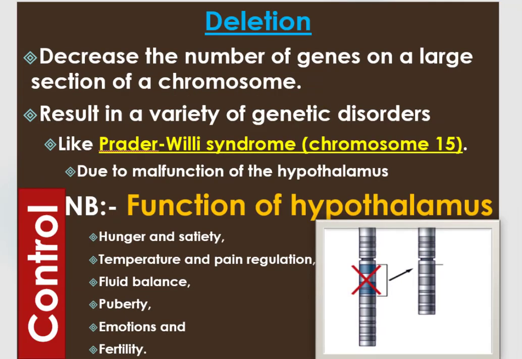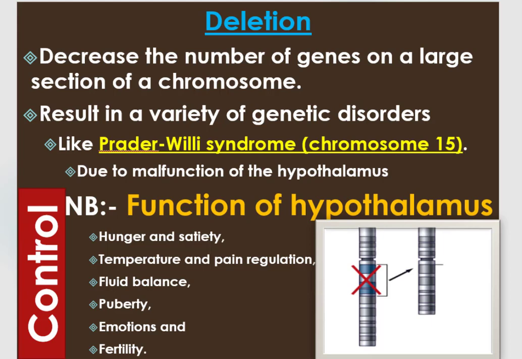With this cause of mutation, a decrease in the number of genes occurs due to deletion of a large section of a chromosome. Deletion can result in a variety of genetic disorders such as Prader-Willi syndrome, which results from deletion of parts of chromosome 15. Prader-Willi syndrome happens due to malfunction of the hypothalamus.